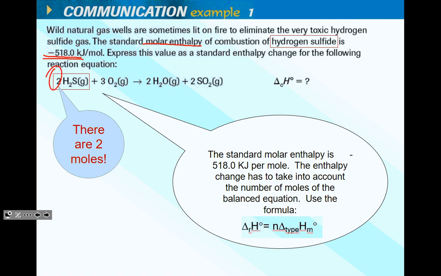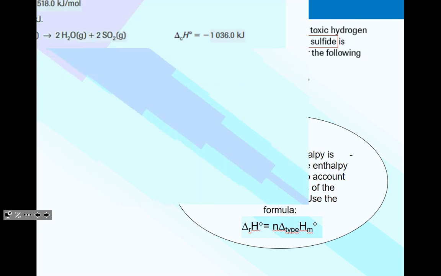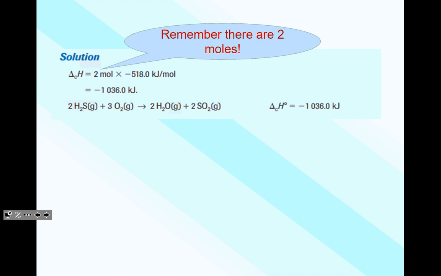Notice there's 2 moles. Okay, once it's balanced, what we have to do is keep that in mind when we find the delta H of this combustion reaction. And all you're really doing is just multiplying it by 2. That's it. Because there's 2 moles, I have to multiply that negative 518.0 times 2, right? So this looks more like this.